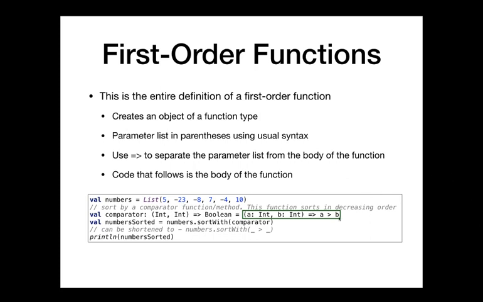So to declare a function, we're going to give it the parameter list just as though it were a method. Just the parameter list though, no name for this function when we're defining it. Just the parameter list in the same syntax that we've seen. And then instead of equals, we use this arrow notation, equal, greater than, to give the definition of the function. We're not assigning this to the parameter list.